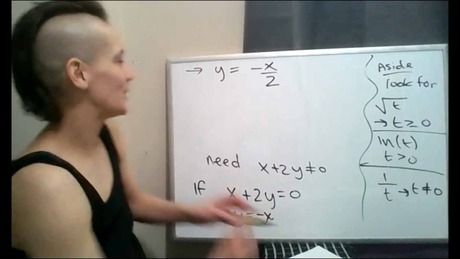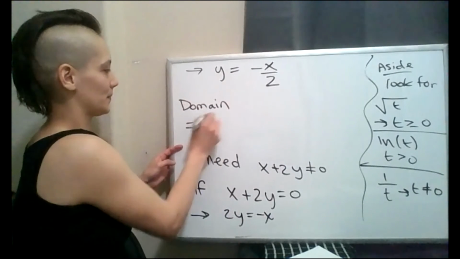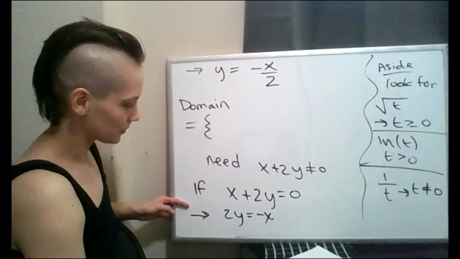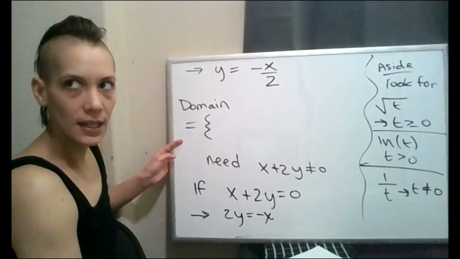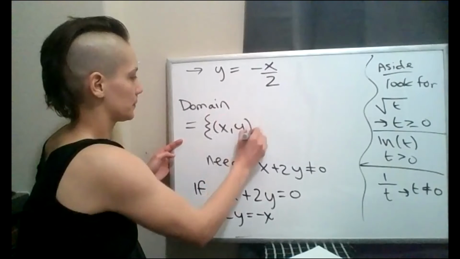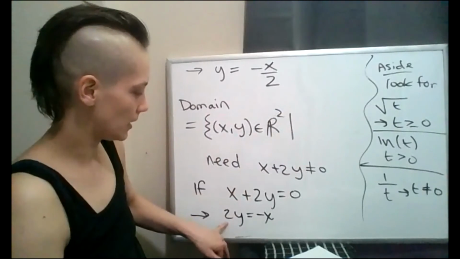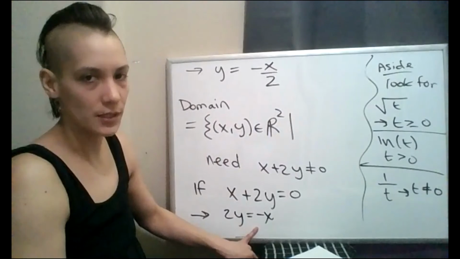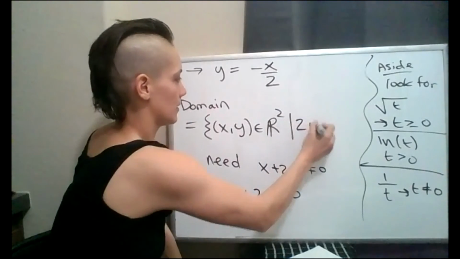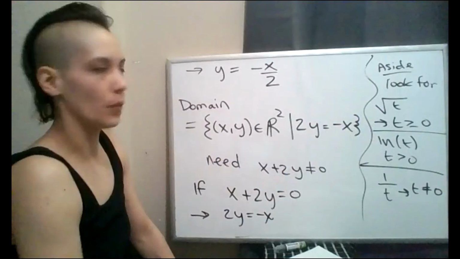Okay, let's write the domain. We get all x, y in R squared such that we'll put 2y equals negative x. Oh, wait.